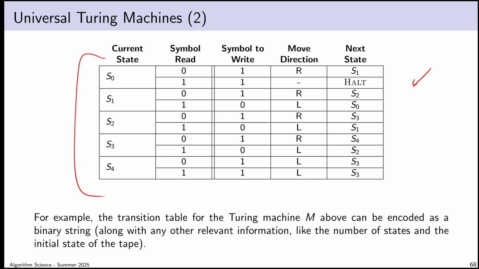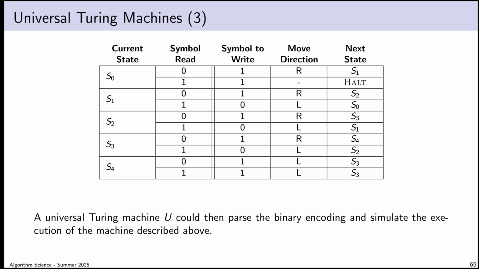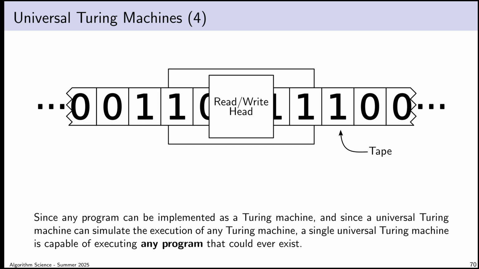I might also want to include information about the initial state of the tape, but I could do that. I could encode all of that into one binary package, and then I could write a program that reads that binary package and runs the corresponding Turing machine and simulates it. So the universal Turing machine then parses that binary encoding and simulates the execution of the machine that I've encoded.